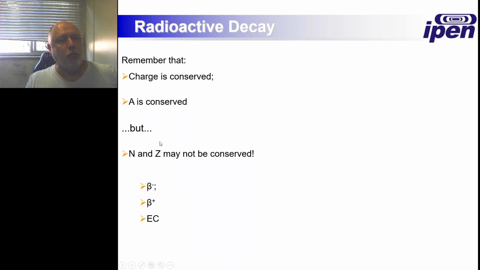But there's one important thing to remember: when we're talking about beta minus, beta plus, or electron capture, the N and the Z will not be conserved. A proton will become a neutron and vice versa. Just one thing, not really important for this course, but it's good to know that these three processes are broadly known as beta decay, no matter if it's beta minus, beta plus, or electron capture.